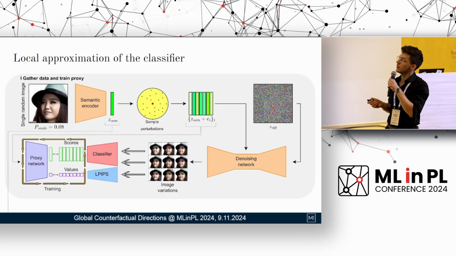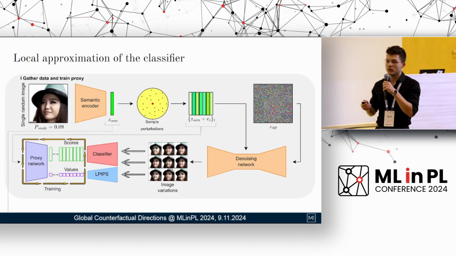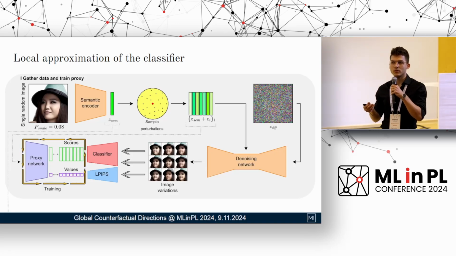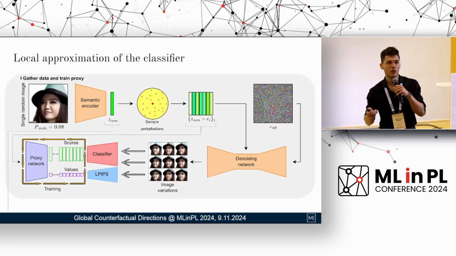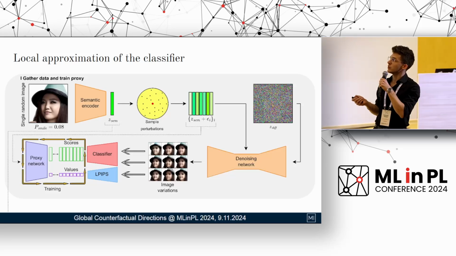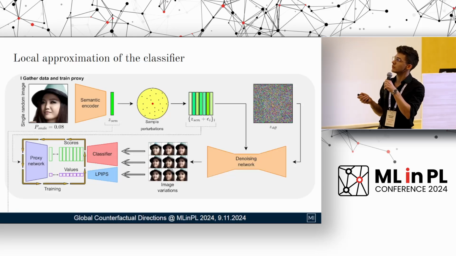So our idea was to actually use this property and say, okay, now I can locally perturb the image, get semantic variations, and check what is the influence of those semantic variations on my predictive model, which is depicted as this red box.